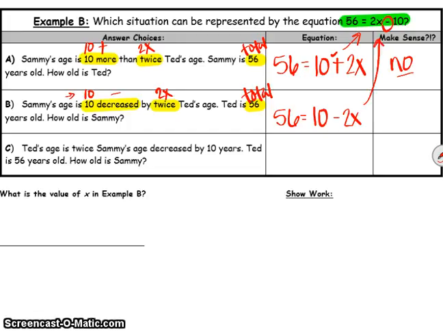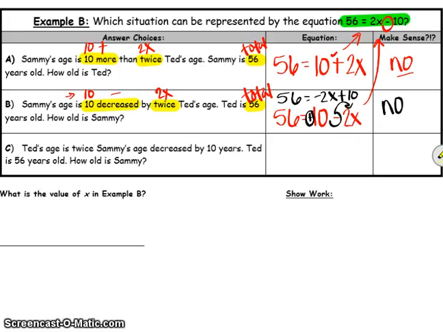But if I were to rewrite this with my 2x on the left, I have 56 is equal to, this negative belongs to that 2x, so it'd be negative 2x plus 10, because there's no symbol in front of that 10, which tells me that it is a positive number. So I have 56 is equal to negative 2x plus 10. That does not match the equation that they gave us. Pretty close, but not quite.